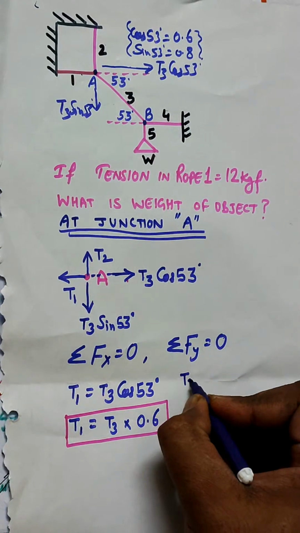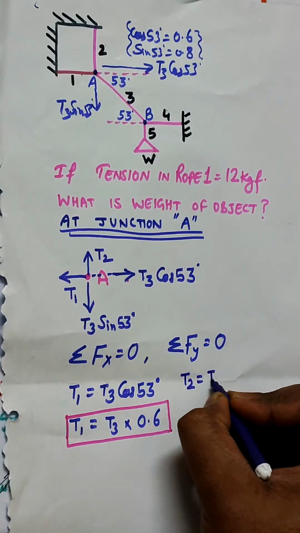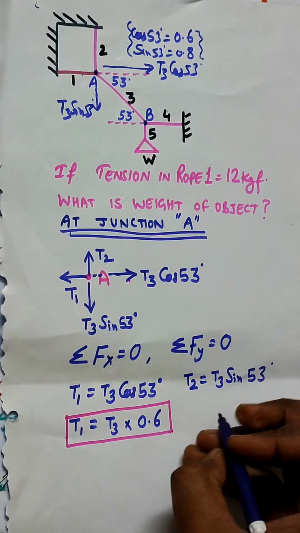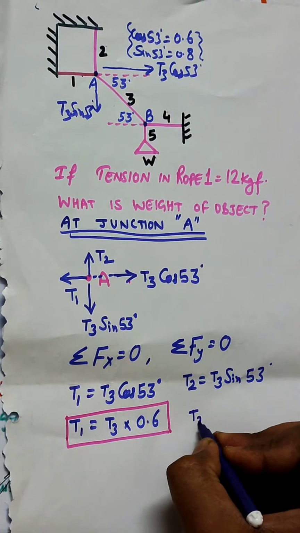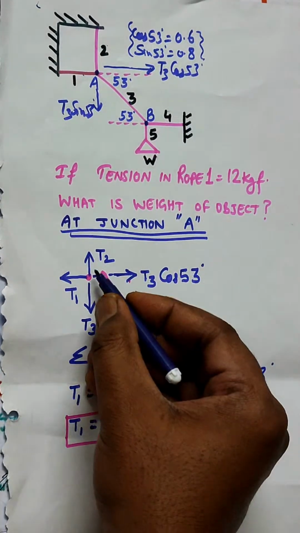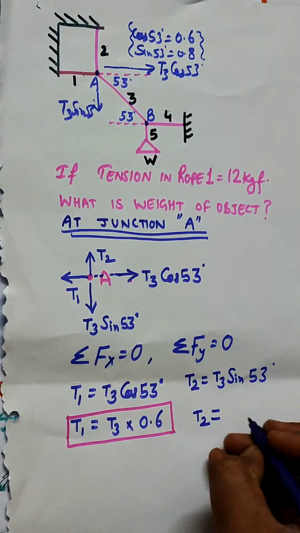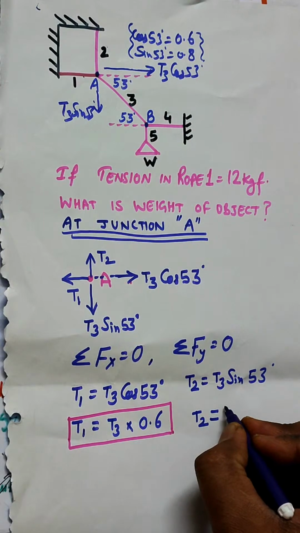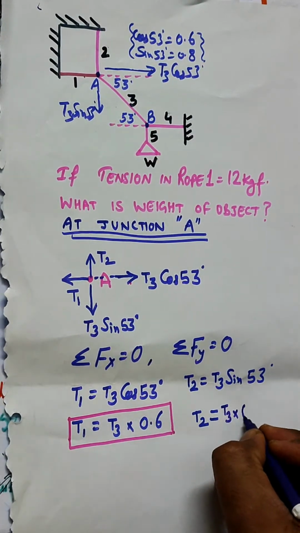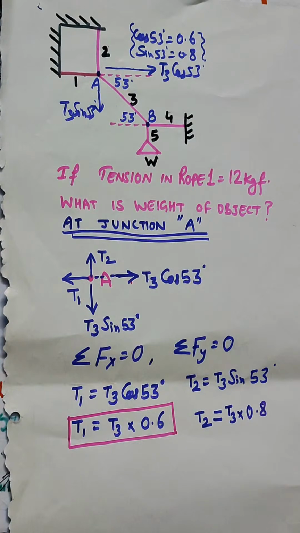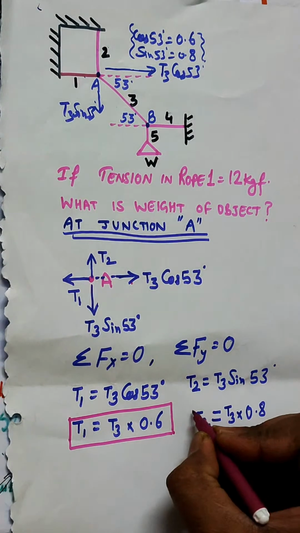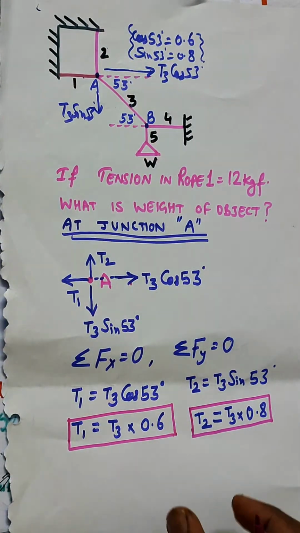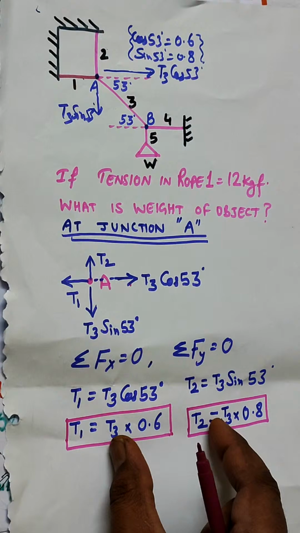So T2 is equal to T3 sin 53, and sin 53 is 0.8. So this is equal to T3 into 0.8. This is another equation which we now have. So these two relations were derived.